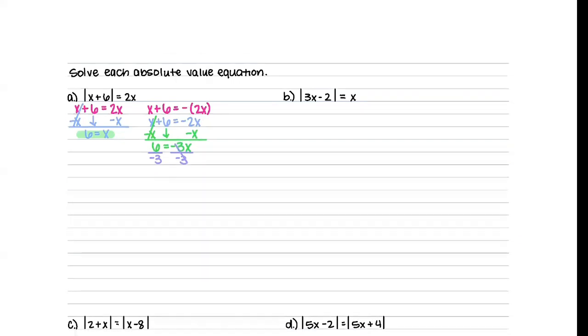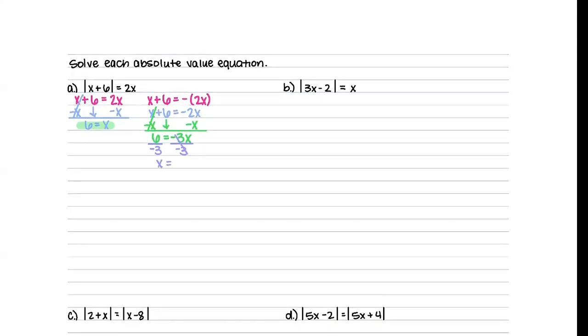And we get that x is equal to negative 2. Now, you have to think back again. x is equal to negative 2. 2 times negative 2 is negative 4. Can the absolute value of anything equal a negative 4? No. So this is an extraneous solution. You do not include this.